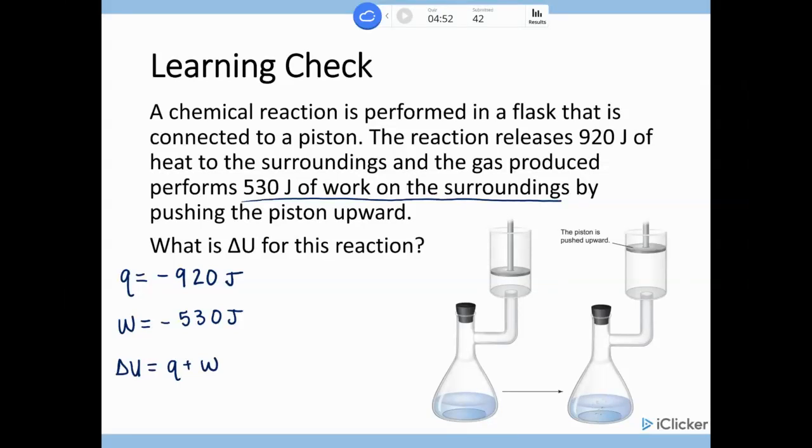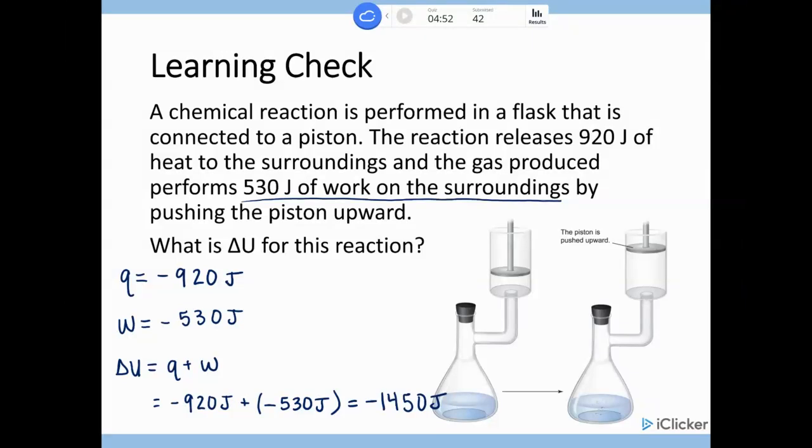So we'll use Q plus W, so negative 920 joules plus negative 530 joules. And this was, I don't remember, 14 something? Yeah, 1450? Thank you. Negative 1,450 joules. So that's our delta U value, the change in internal energy.